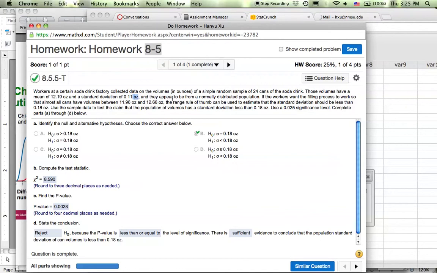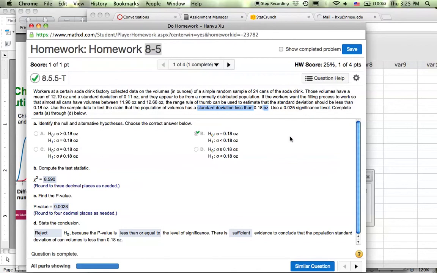And they appear to be from a normal distribution, which is good. That means all the requirements for the hypothesis test are satisfied. And they want to know whether the standard deviation is less than 0.18 ounce, and use that significance level.